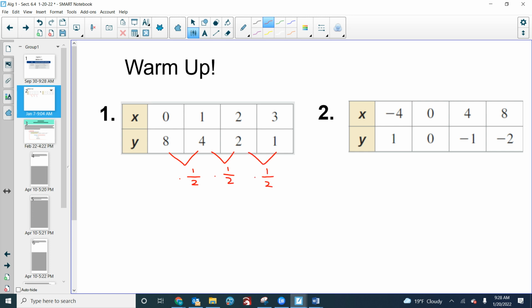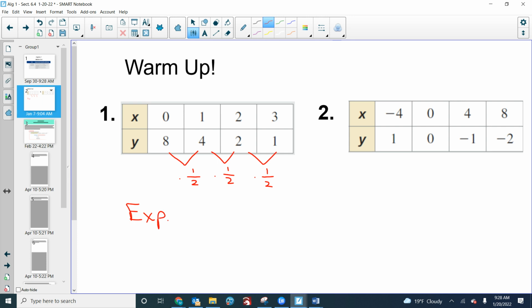That's going to be important for us today: not to think of it as division, but as multiplication by a fraction. Multiplying by a fraction. Factor. Multiplication. So, since there is a common factor, this one is exponential.